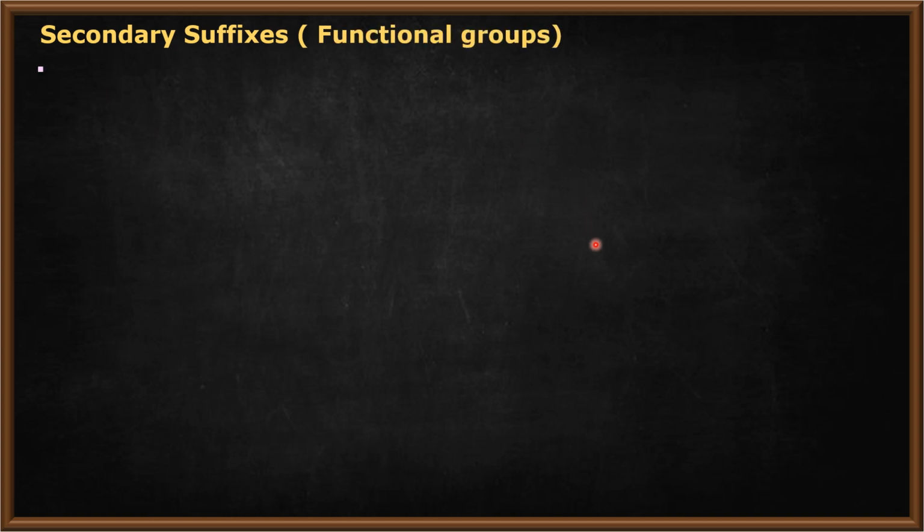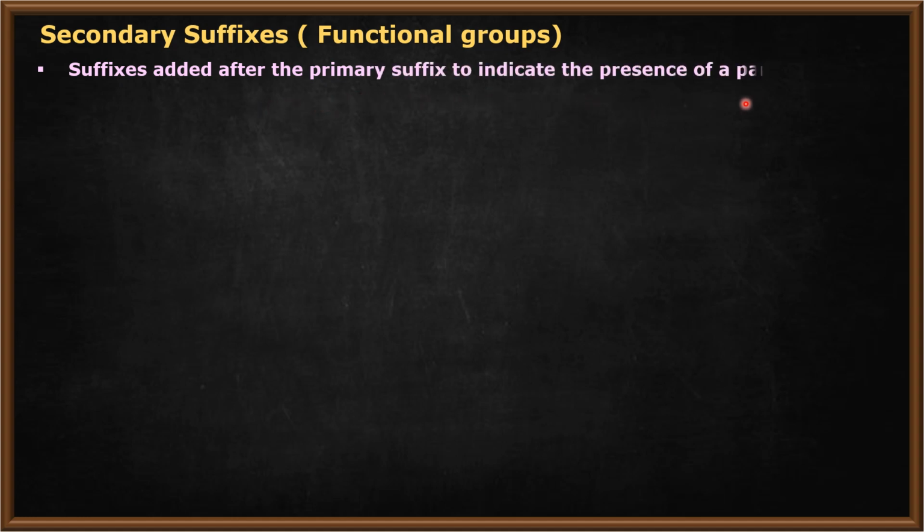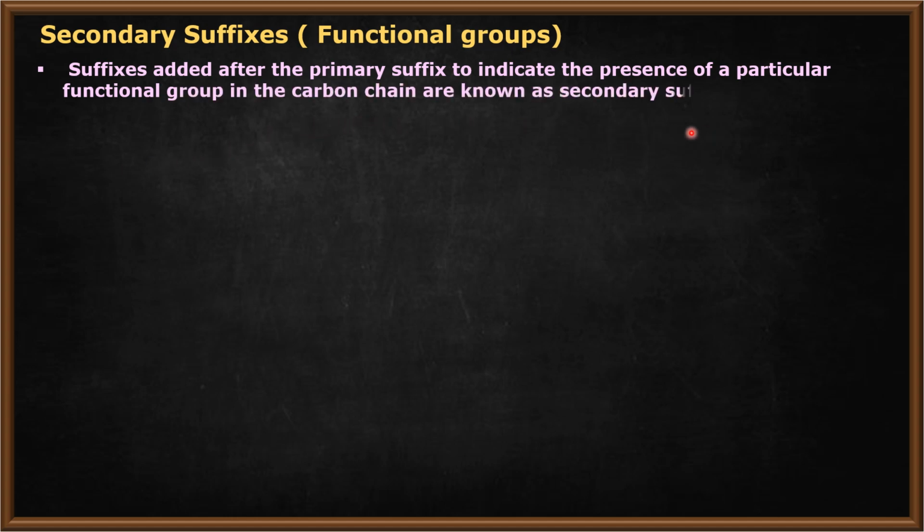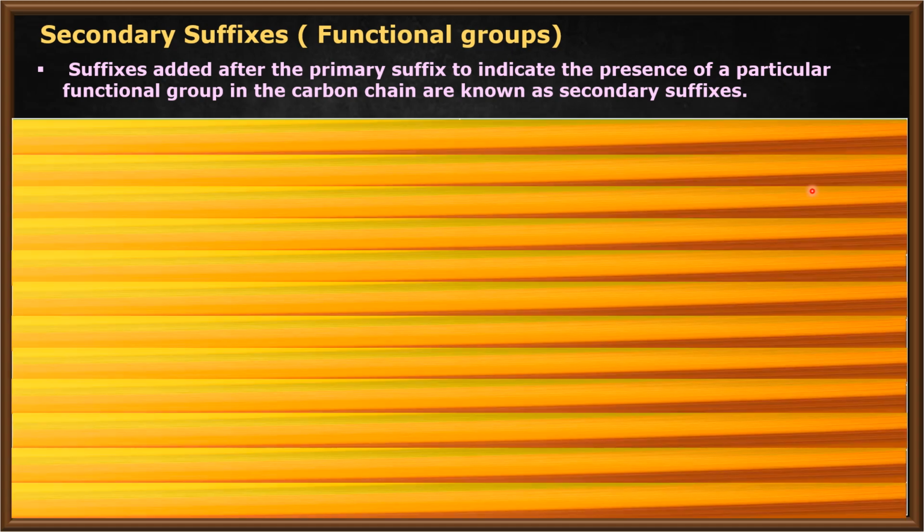Now let us explore the functional groups or secondary suffixes. Suffixes added after the primary suffix to indicate the presence of a particular functional group in the carbon chain are known as secondary suffixes.